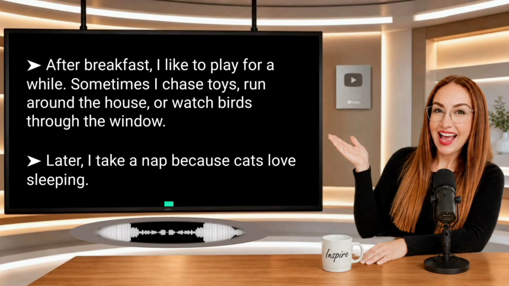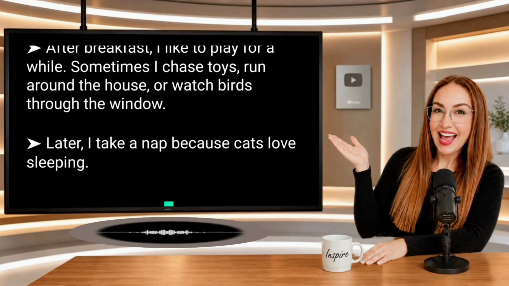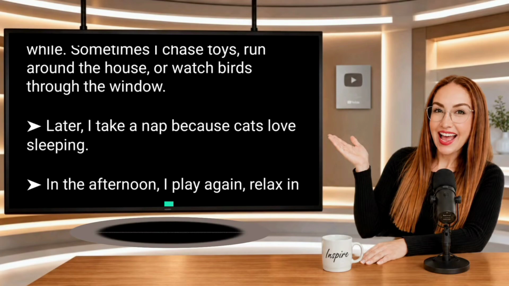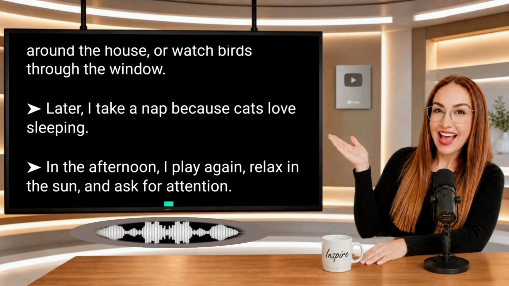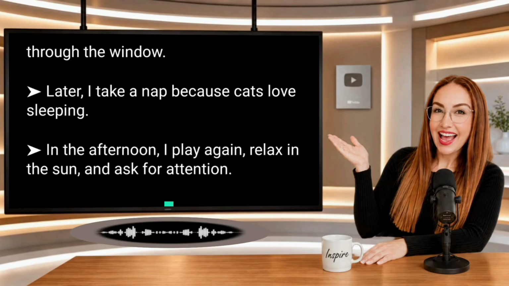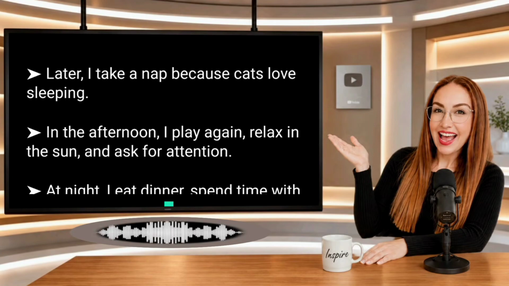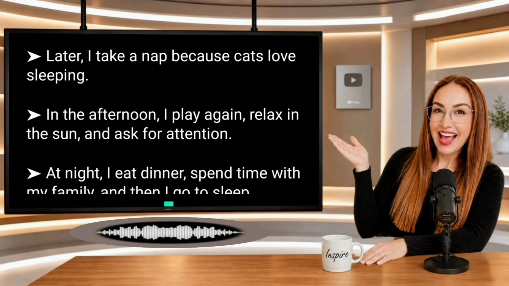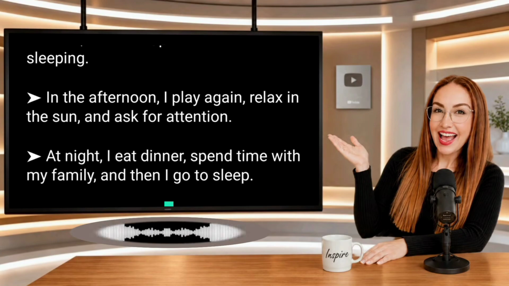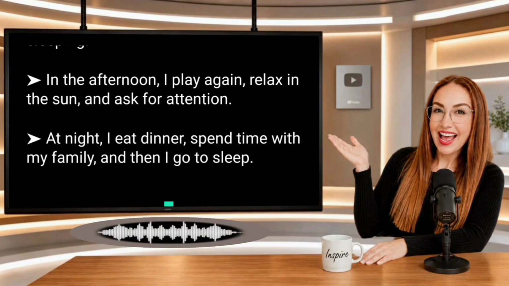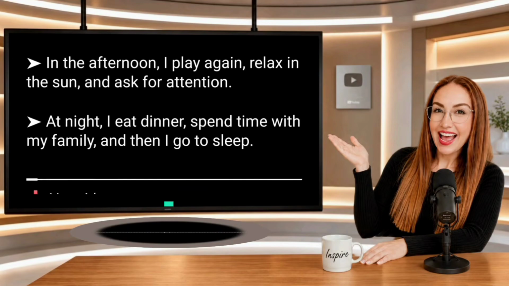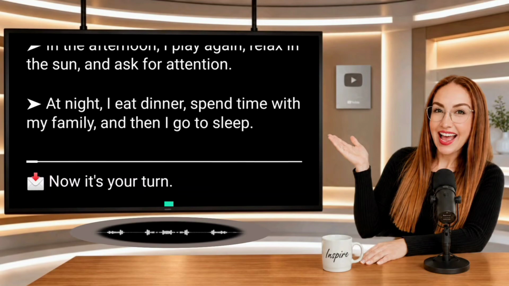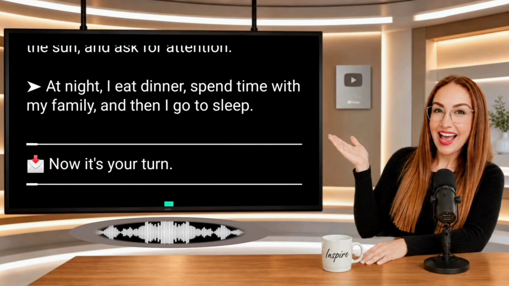Sometimes I chase toys, run around the house, or watch birds through the window. Later, I take a nap, because cats love sleeping. In the afternoon, I play again, relax in the sun, and ask for attention. At night, I eat dinner, spend time with my family, and then I go to sleep.